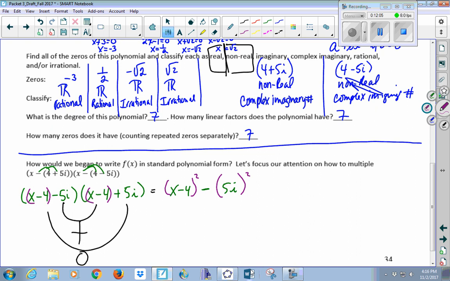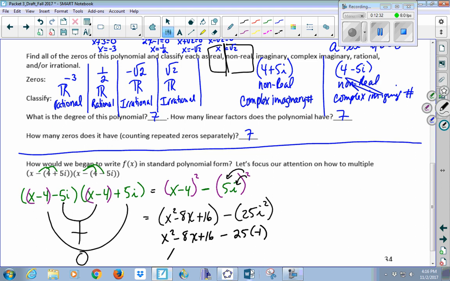And now it's just a little bit of algebra. X minus 4 times x minus 4 is x squared minus 8x plus 16. Take away, 5 gets squared and i gets squared: 25i squared. But remember now that i squared is -1.